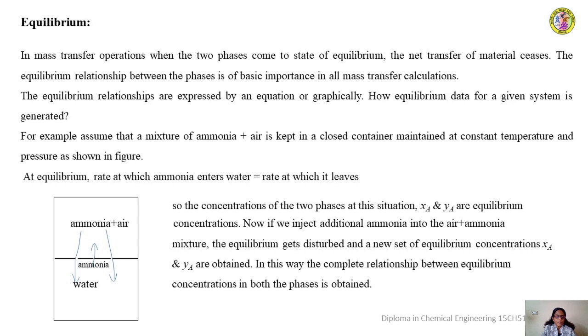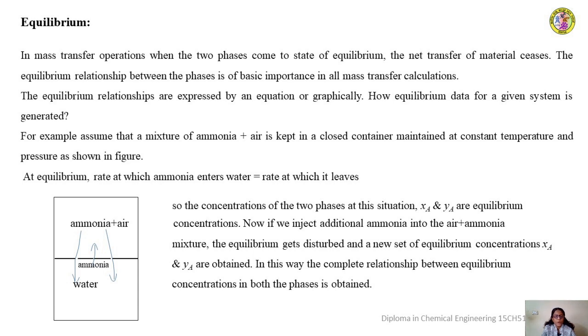So finally the ammonia concentration in air and water becomes almost the same, and then again another stage of equilibrium will be reached. Again, if you take the values of Ya and Xa at that state, that is another set of Xa and Ya values called the equilibrium values.